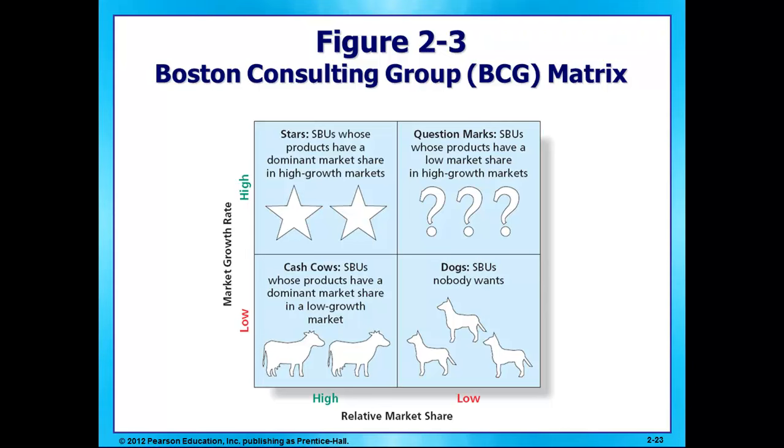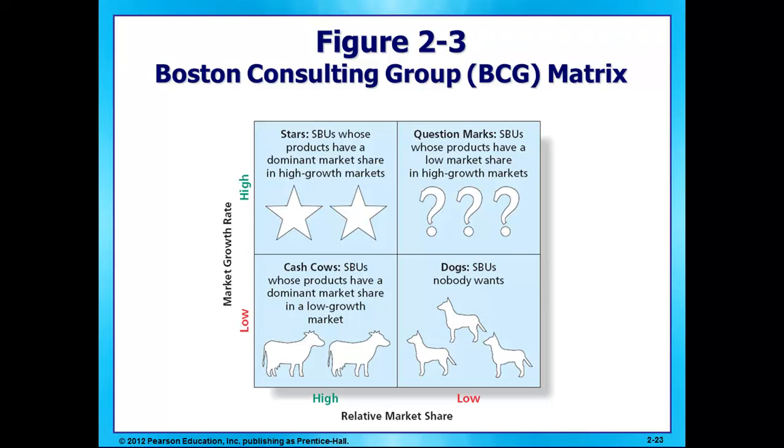However, in a highly fragmented industry where maybe there are 20 competitors, high market share might be something upwards of 5%. So these are relative dimensions that vary by industry. Once we cross these two dimensions, what we end up with are 4 quadrants.